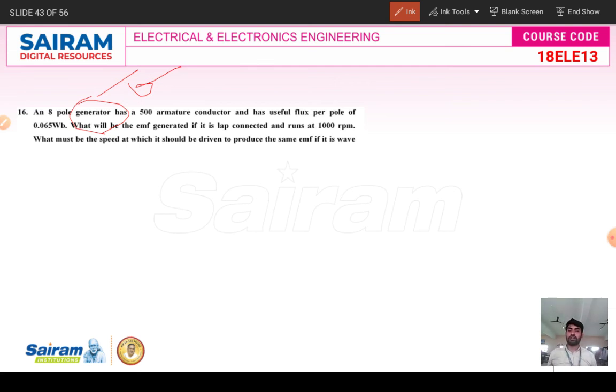Okay, and instead of asking what will be the generated EMF, they'll ask what will be the back EMF. Back EMF will always oppose the supply voltage, right? Everything else is the same, the rotation, lap connected, wave connected, because the construction is the same for generator as well as motor for DC. So we are giving DC supply, right? So DC motor. Thank you.